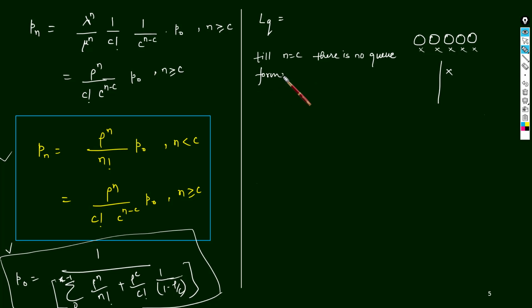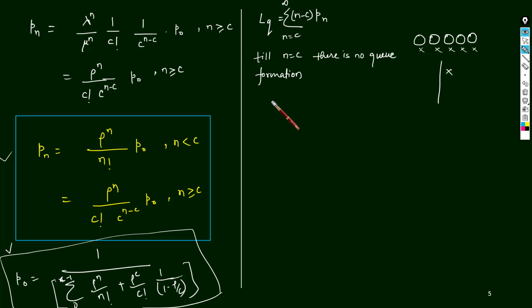Okay, so obviously we are not going to use this term here. We require this term. So what we will do, right? We require Pn when n minus c, and that is from n is equal to c to infinite. So this we require.